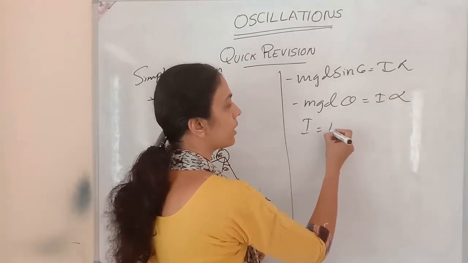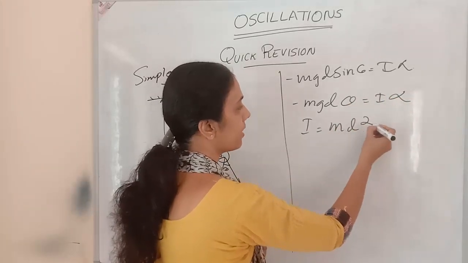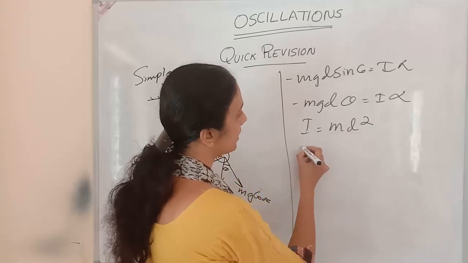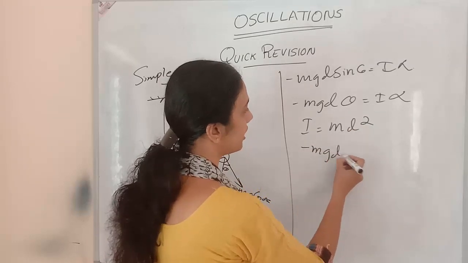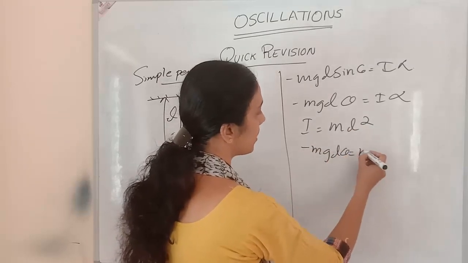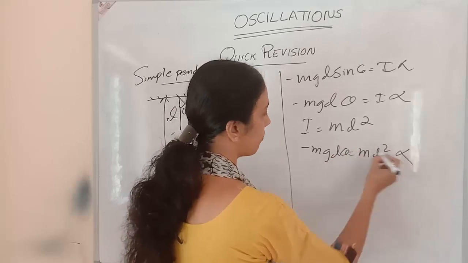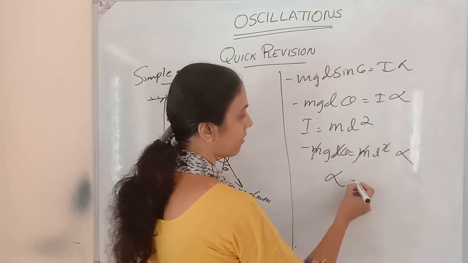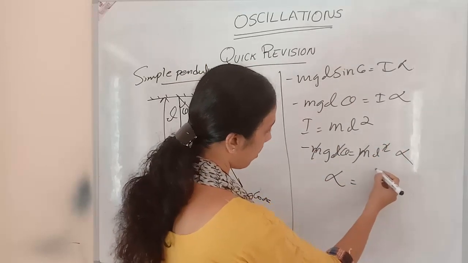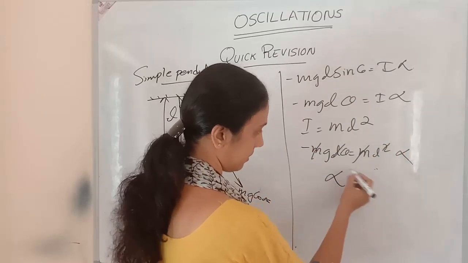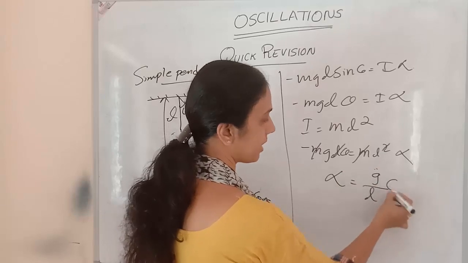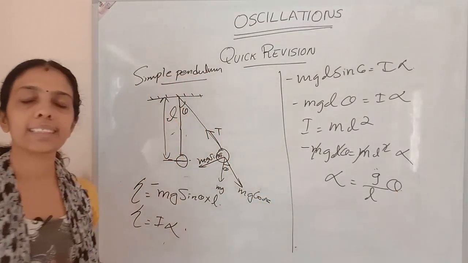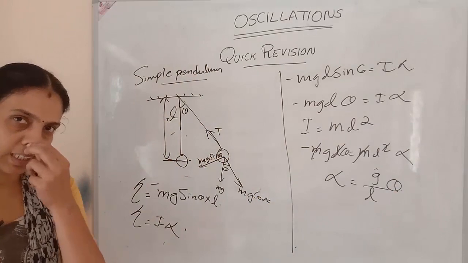But I we know is mL square, so minus mgL theta equals mL square alpha. m gets cancelled, one L gets cancelled, alpha equals g by L theta, with a negative sign.